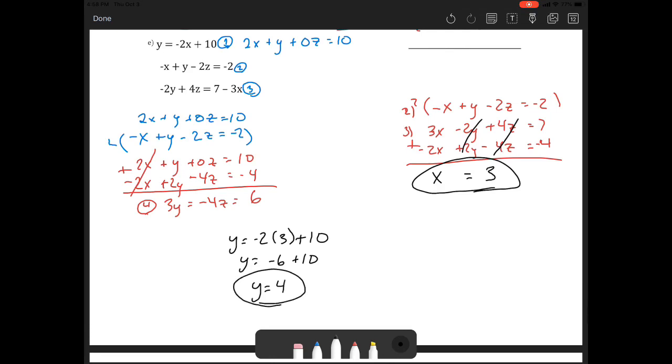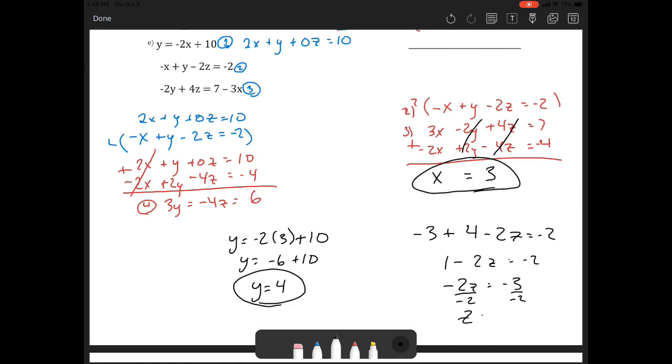Then y equals 4. Then I'm going to plug my 3 and my 4 into one of my equations, and I'm going to have negative 3 plus 4 minus 2z equals negative 2. And I'm going to end up with 1 minus 2z equals negative 2. And then it's going to be negative 2z equals negative 3.